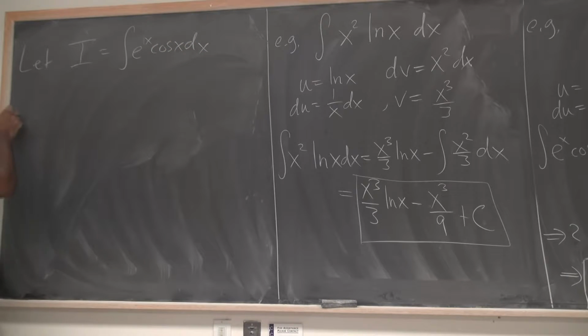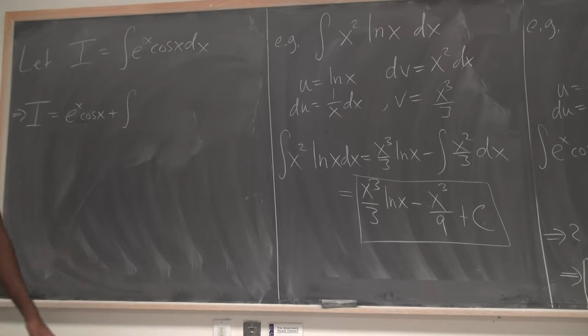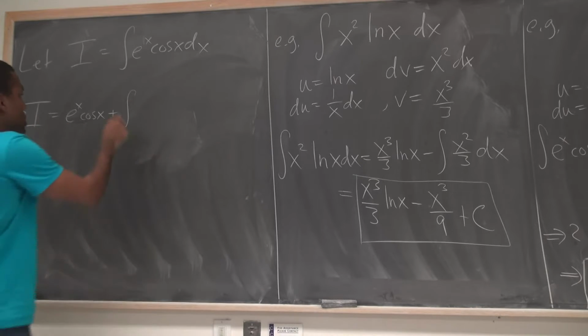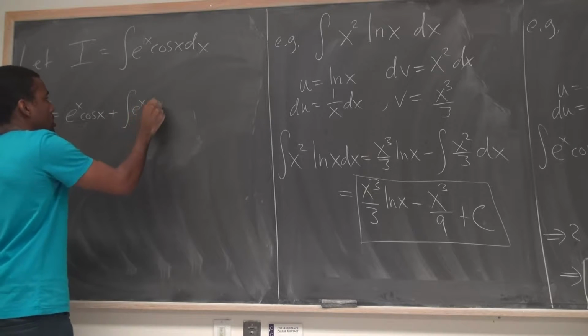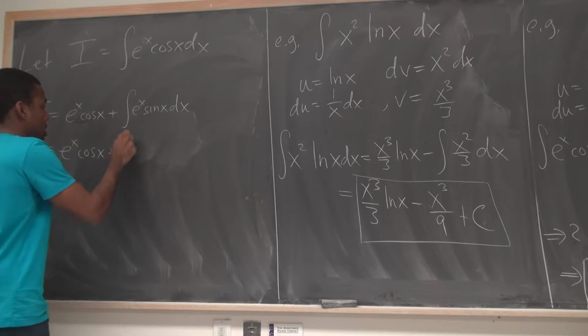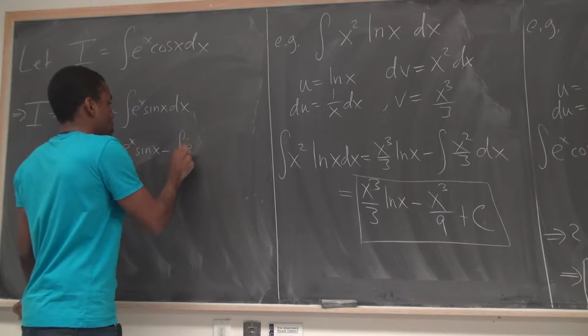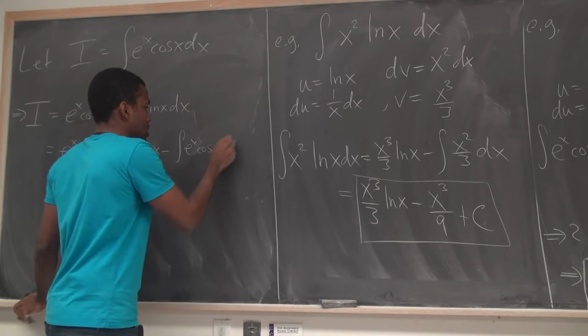Right? And so then you'd have I is equal to e^x cosine x, and then you just repeat that, so this would be the integral of e^x sine x dx. And then you keep doing integration by parts repeatedly. And here you get e^x sine x minus the integral of e^x cosine x dx.